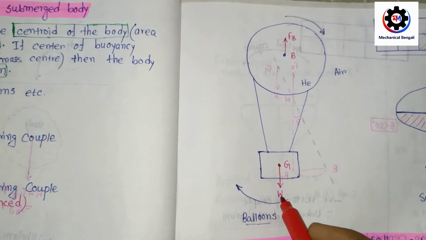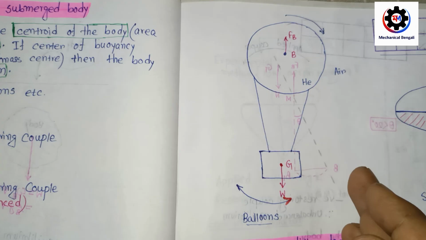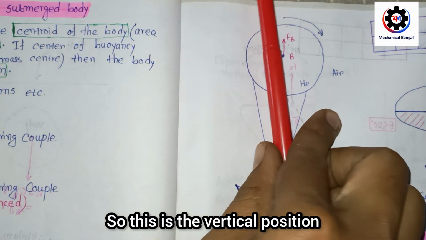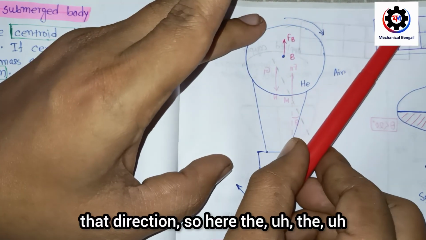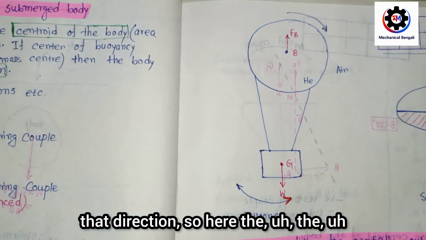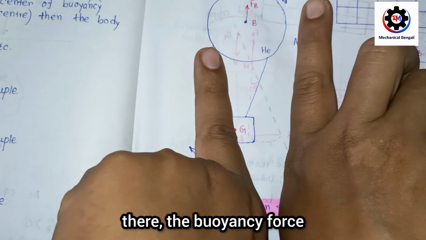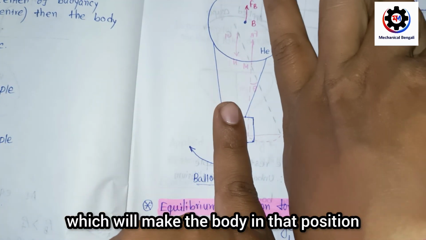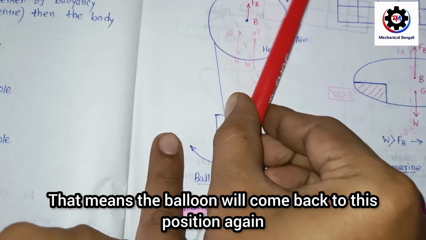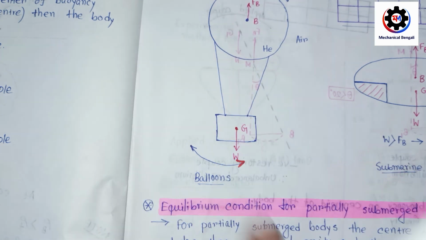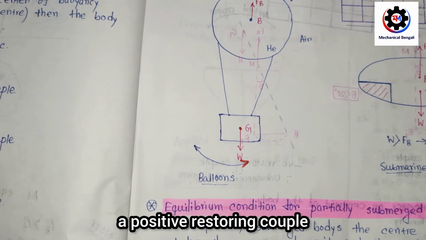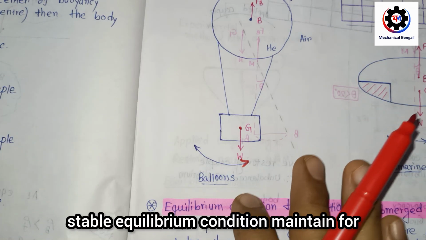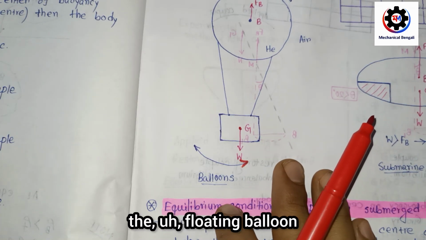So this is the vertical position, and if you apply some force in that direction, the buoyancy force and gravity force will bring the body back, which means the balloon will come back to this position again. So this is known as a positive restoring couple. In that way the stable equilibrium condition is maintained for the floating balloon.